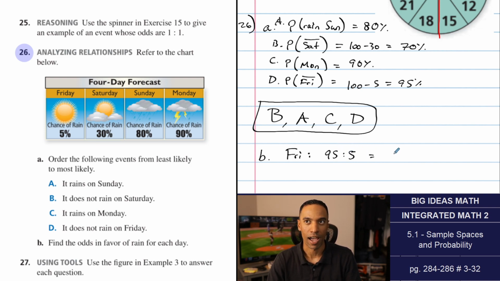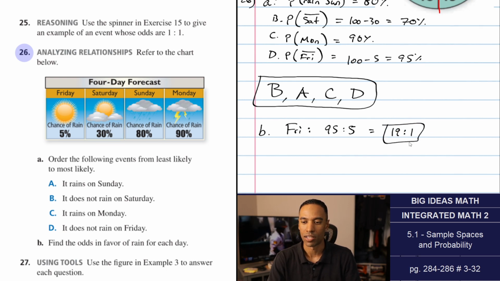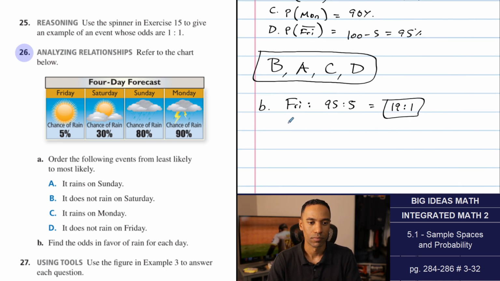If you divide those by 5, you get 19 to 1 odds it will not rain on Friday. Saturday, not raining is a 70% chance. That's 70 to 30 odds, which is also 7 to 3 odds.